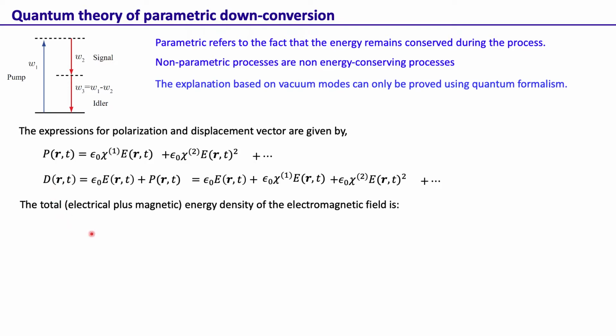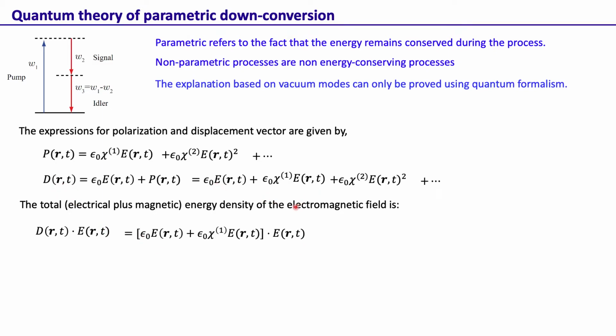Now the total energy density of the electromagnetic field, and total means the electric plus the magnetic, is given by D dot E, this we know. Given this expression for D, D dot E can be written like this.